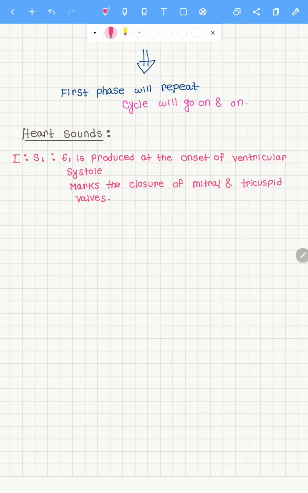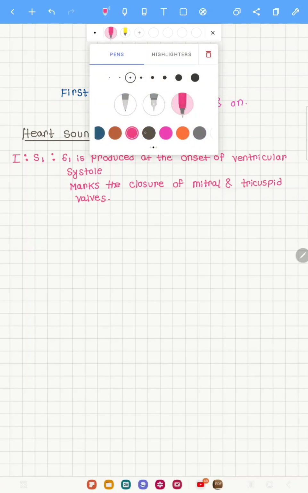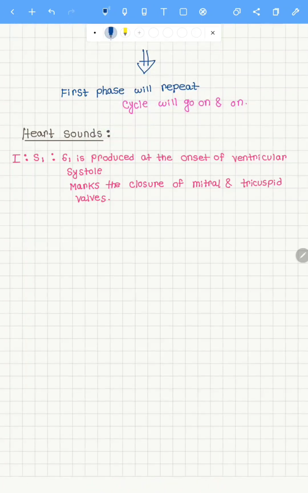Now let's come to S2. We will use a different color. S2 marks the closure of aortic and pulmonary valves.